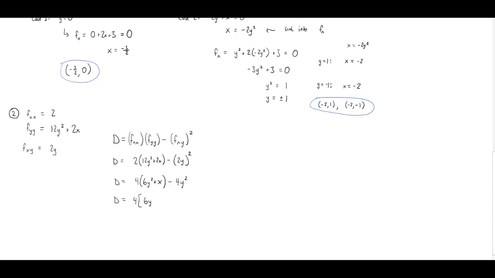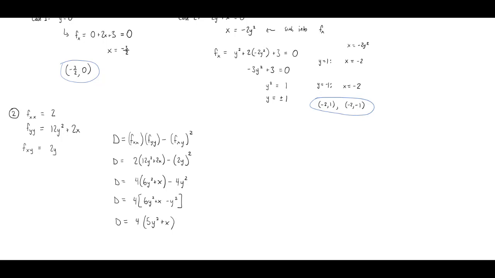I'll get 6y squared plus x, and then minus another y squared. And so I can combine the 6y squared minus y squared. So altogether it's 5y squared plus x. All right, pretty nice.